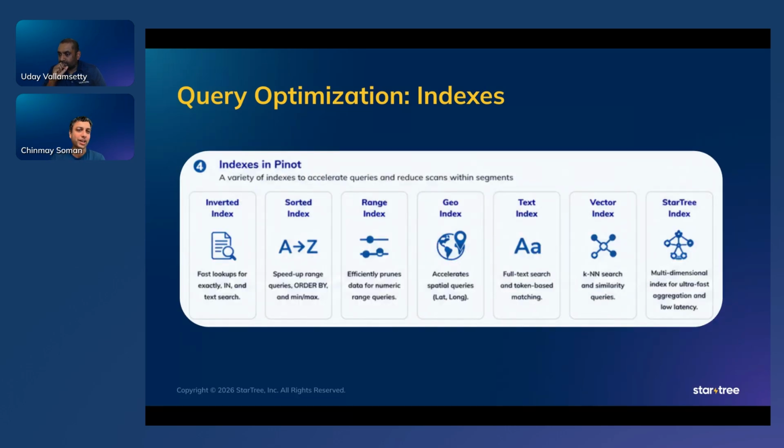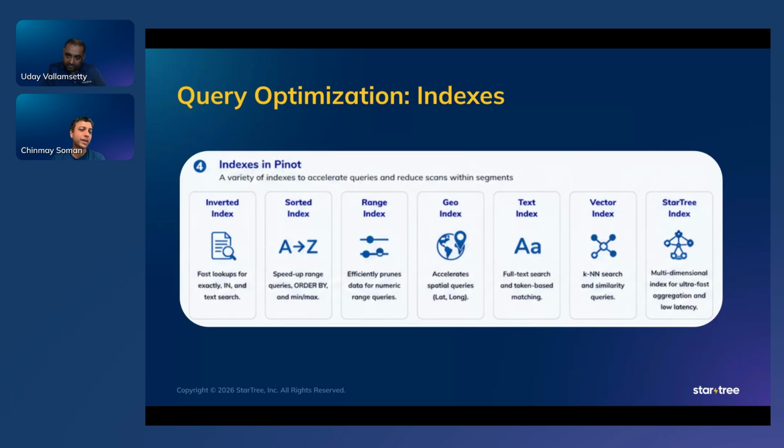Talking a bit about the indexes. At each segment in Pinot, you could configure any of these indexes on any of the columns in your schema. Pinot can support hundreds of columns in a schema, and there are obviously various column types. You could use inverted, sorted, and range indexes on the numerical columns.